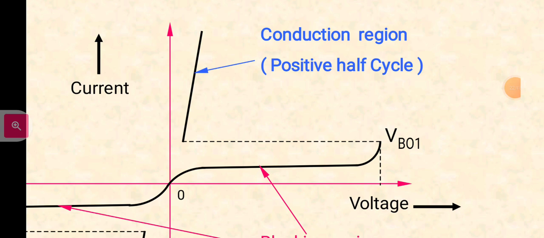So it works the same as an SCR in the first quadrant. As the current increases, the voltage drop across diac decreases. Hence, it exhibits negative resistance characteristics. The characteristics lie in the first quadrant.